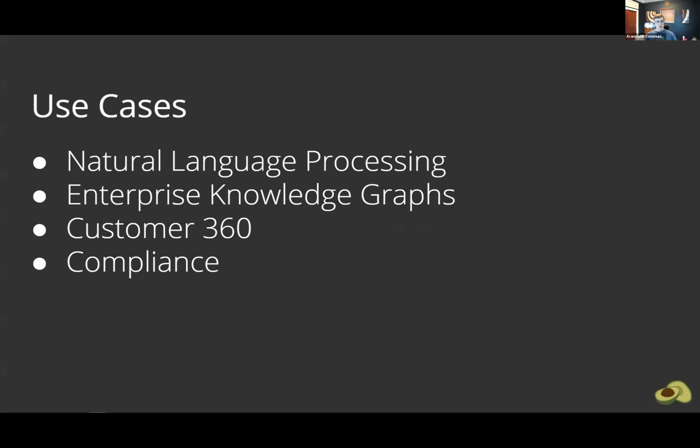Another example would be an enterprise knowledge graph. This is where you might have multiple different areas within a single business and multiple different departments, and you want a higher view of looking at all of the data that's flowing in this enterprise to try and discern new information that might be useful.